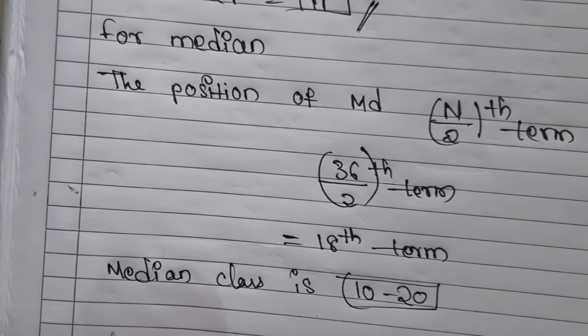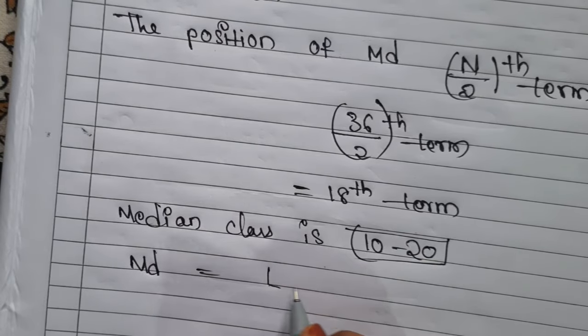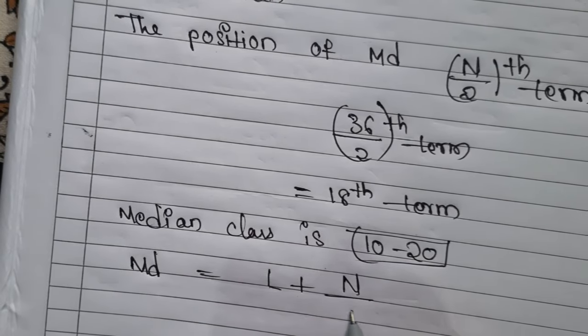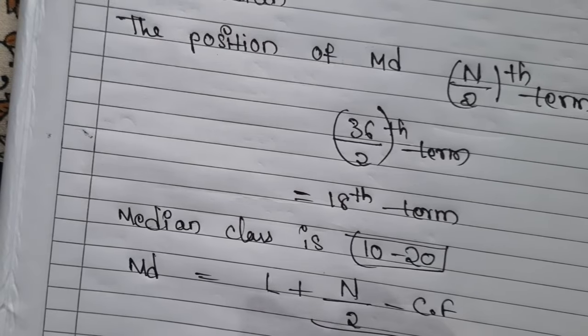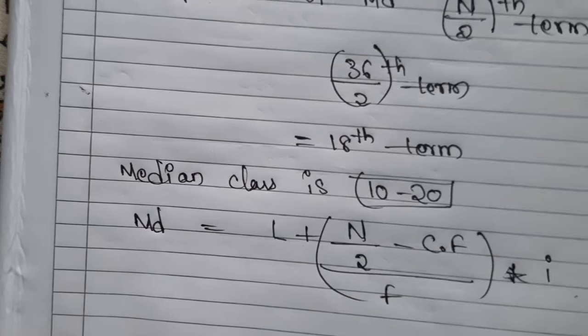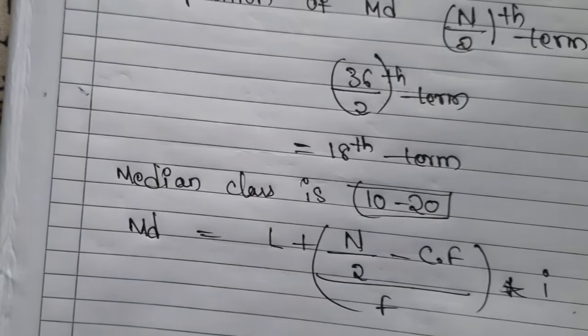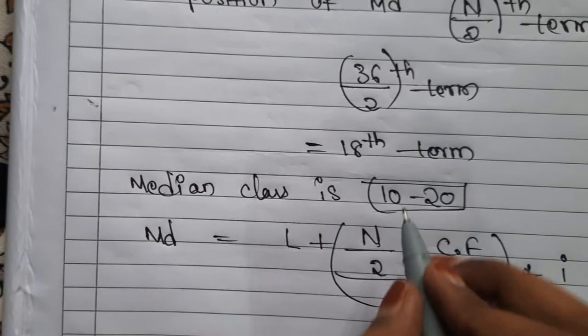Okay, so now median formula, let us see. What is the formula of median? L plus n by 2 minus cumulative frequency by f multiplied by I. Okay, so you just take all the values into this formula. L, how much it is?